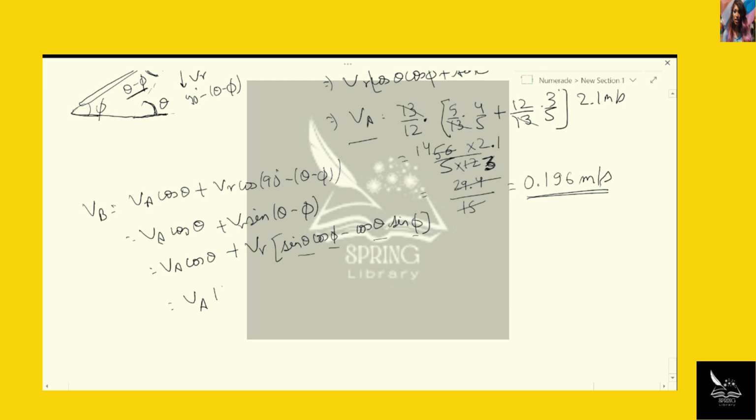So eventually we get VA cos theta, cos theta was 5 over 13, plus VR, sine theta was 12 over 13, cos phi was 4 over 5, minus cos theta was 5 over 13, sine phi was 3 over 5.